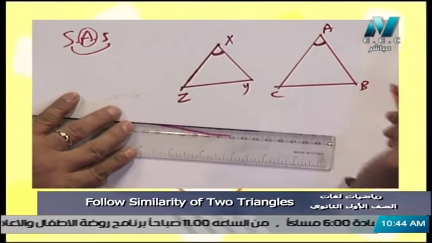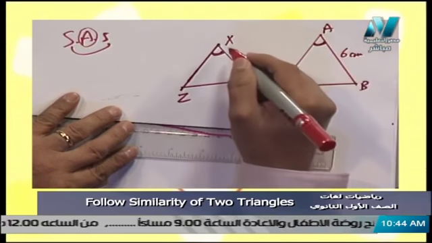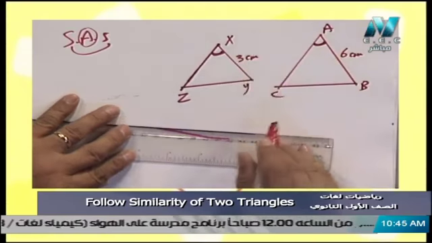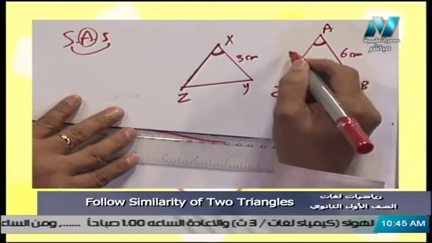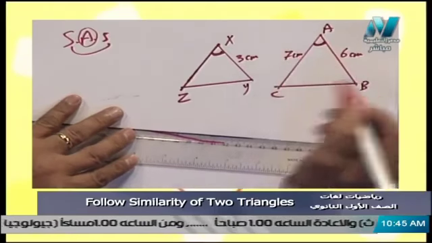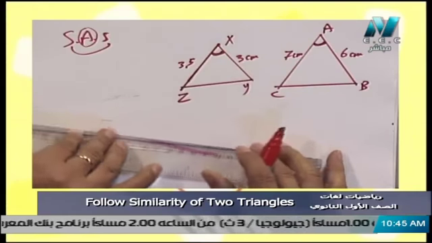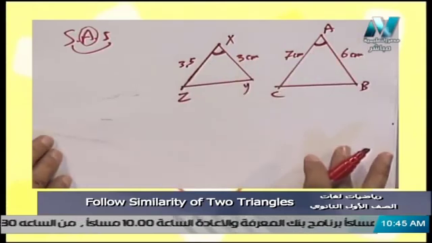And we have AB, say 6 centimeters, and say that the length of XY equals 3 centimeters, and AC here is 7 centimeters, and the length of XZ equals 3.5 centimeters. So we have measure of angle A equal to measure of angle X.